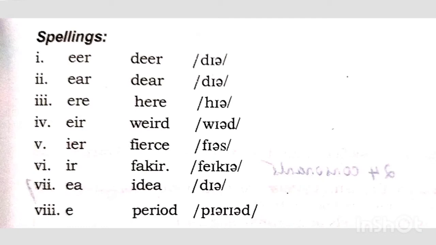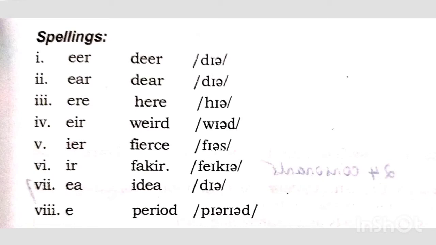Then dear. Here also R is silent, but when we speak, sometimes the R is heard. Actually the correct pronunciation is dear, and the R is not heard outside. Even when I say it, sometimes the R is heard, because we are Indians and we tend to have some innate kind of pronunciation.